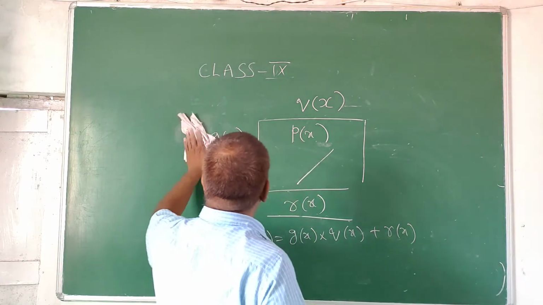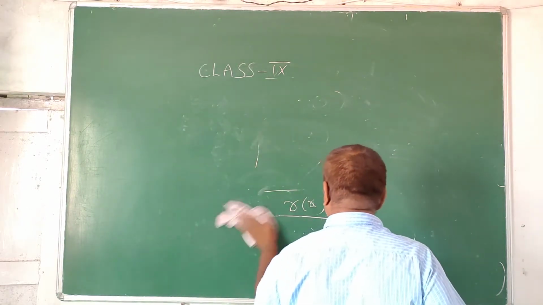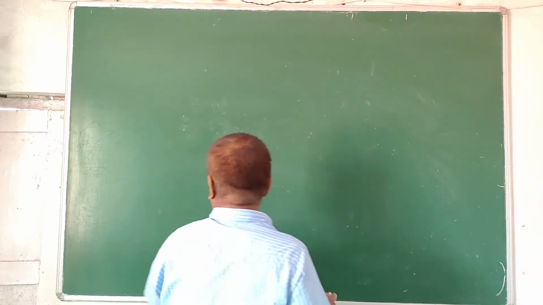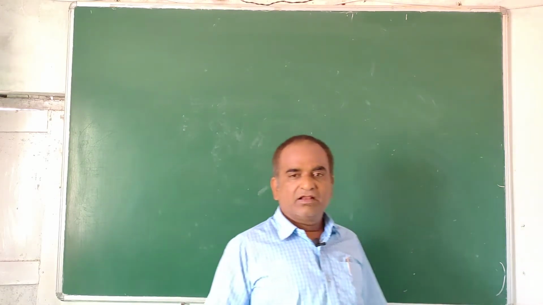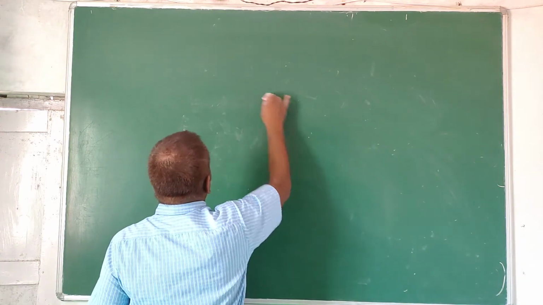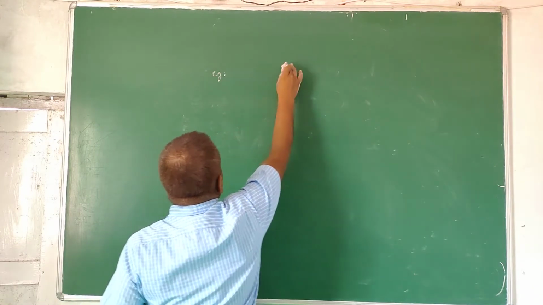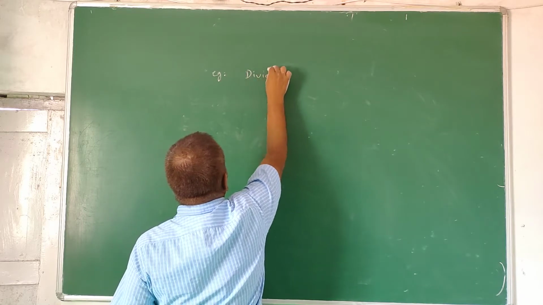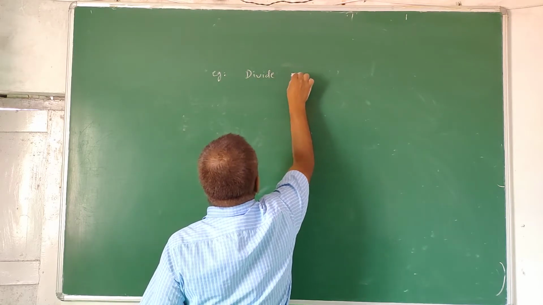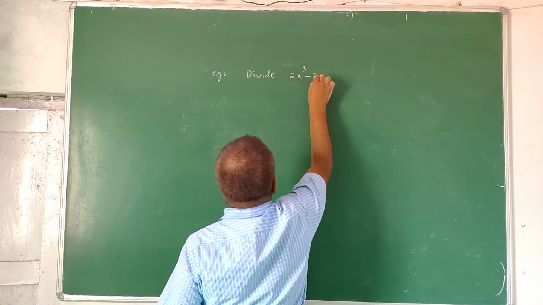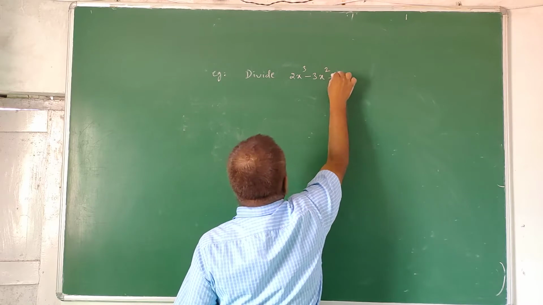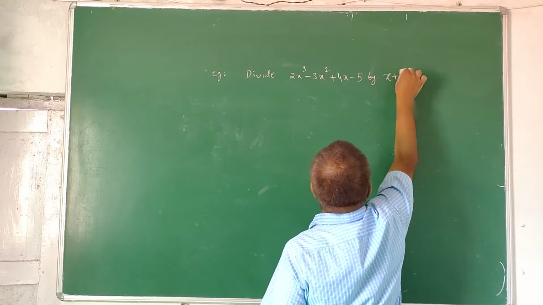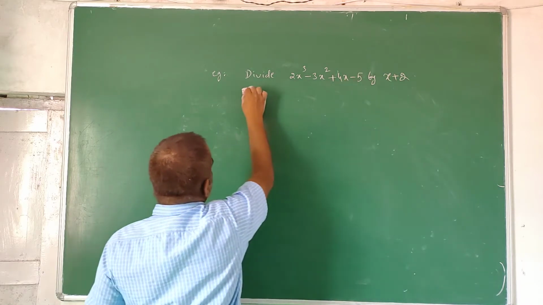Now let us take one example now. Now I am taking an example. Divide 2x cube minus 3x square plus 4x minus 5 by x plus 2 and find quotient and remainder.